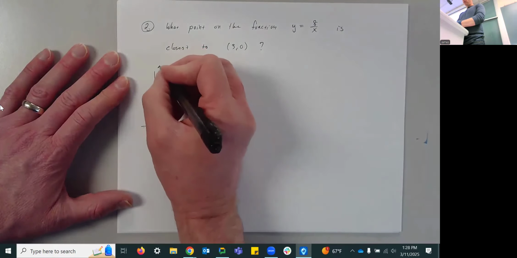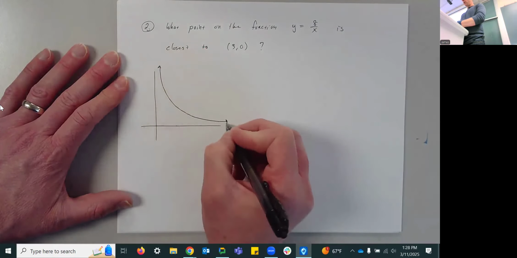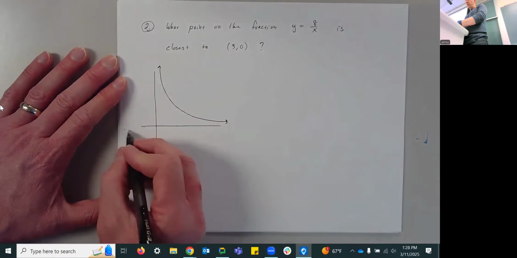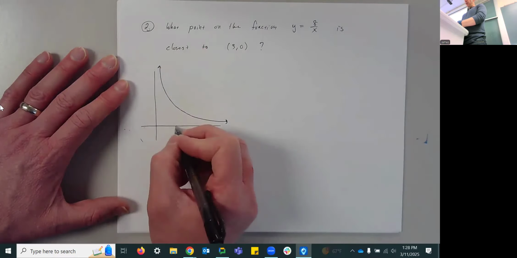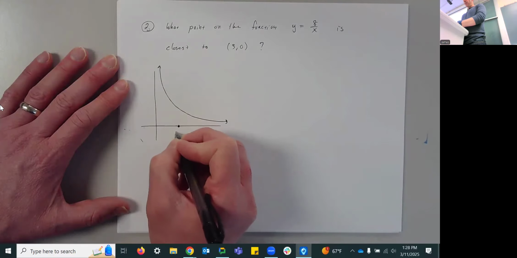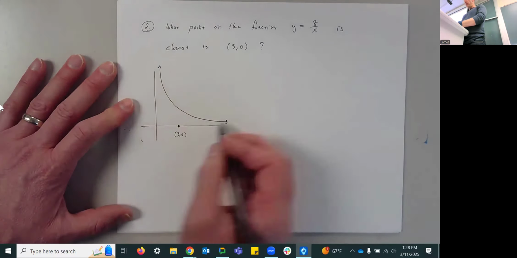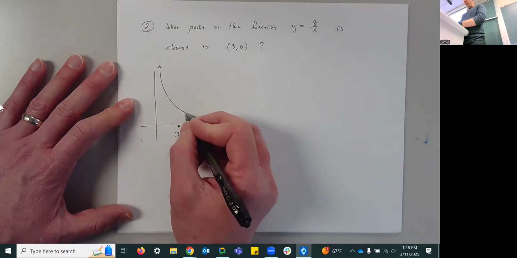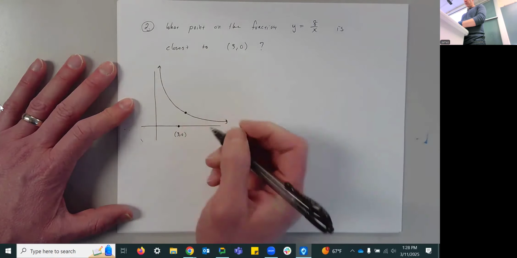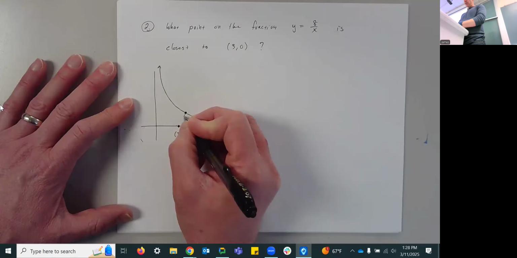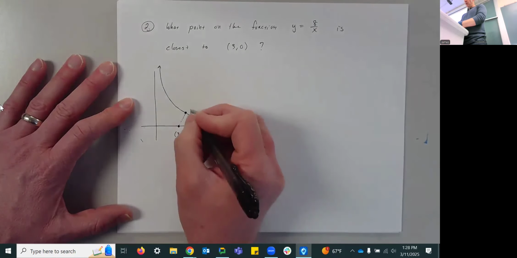My function looks something like this. It's your usual kind of hyperbola shape, and there's stuff over here too. And then (3, 0) is maybe right about there. I don't know. So there's some point on this curve, maybe it's right about there, I don't actually know where it is, that's closest to the point (3, 0). I don't know what this point is.